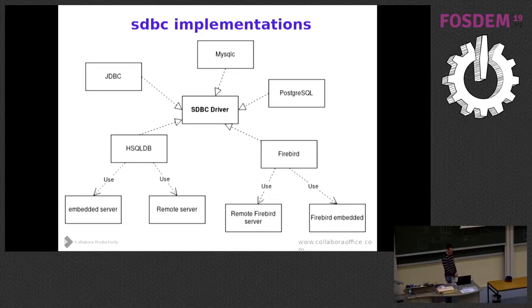The three interesting examples are the HSQLDB and the Firebird drivers, which I'm most concerned with, and the MySQL native connector implementation. With HSQLDB and Firebird, we can choose either to connect to a remote server or to an embedded server.